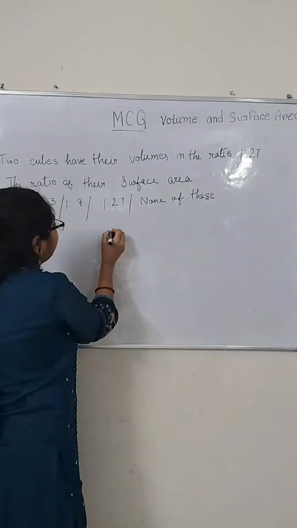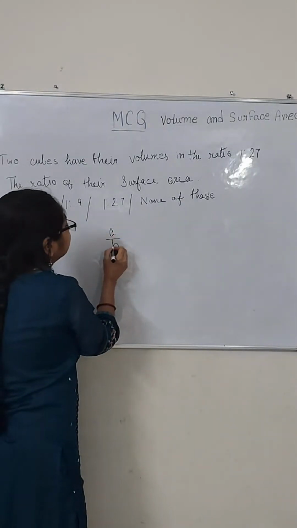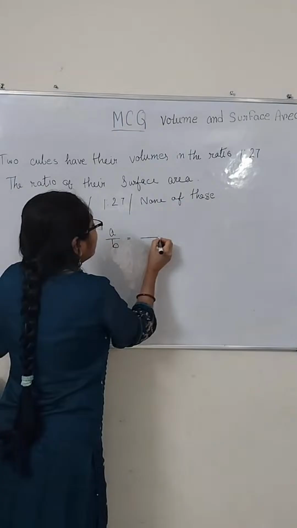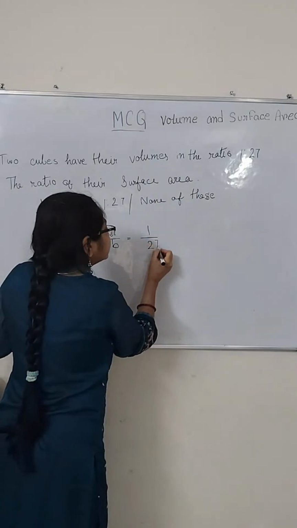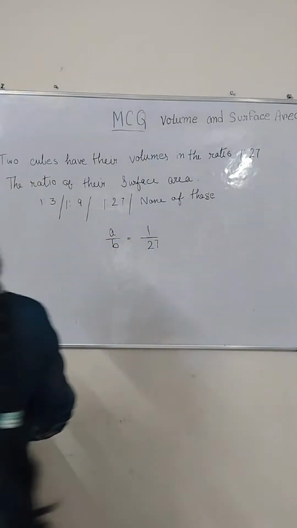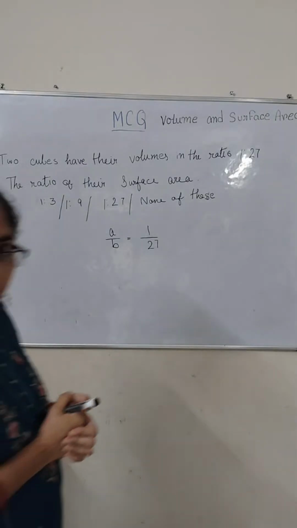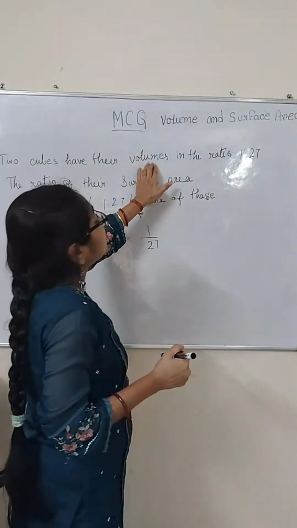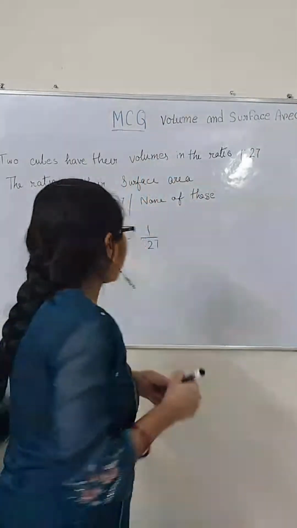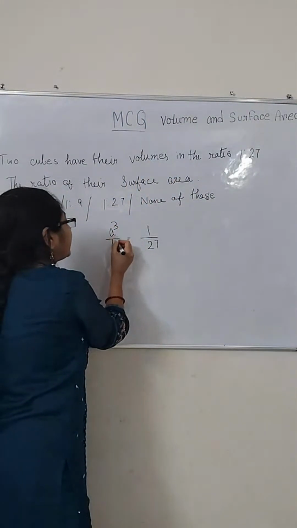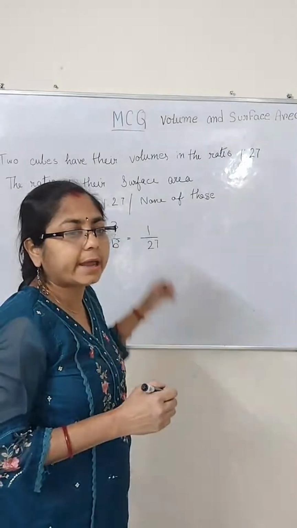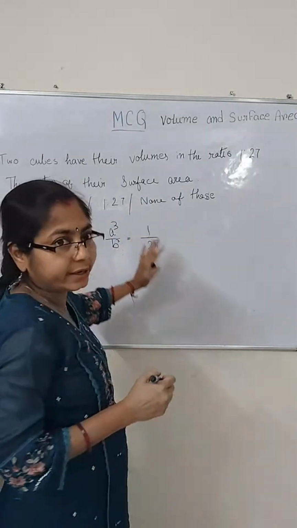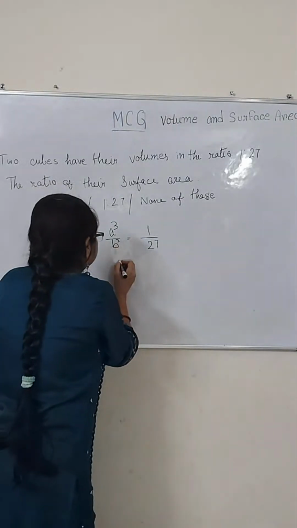So I can write A by B. What is the ratio here? 1/27. This is the volume, so I can write A cube and B cube. A cube by B cube volume is 1/27. Now I can write in this way.